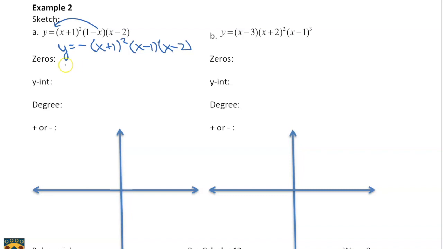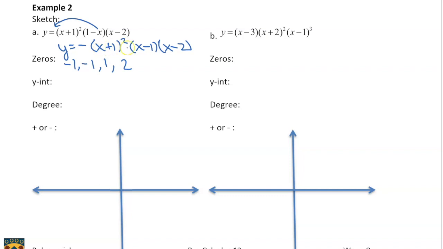That would produce zeros of negative 1, which from last class we learned is negative 1 with a multiplicity of 2, positive 1, and positive 2. For the y-intercept, what would happen if you put in 0 for each of the x's?